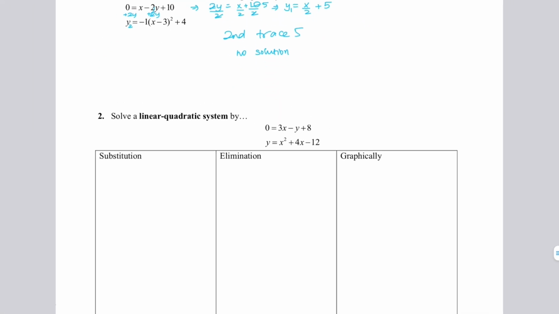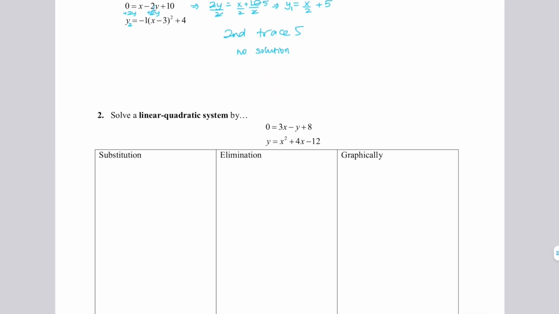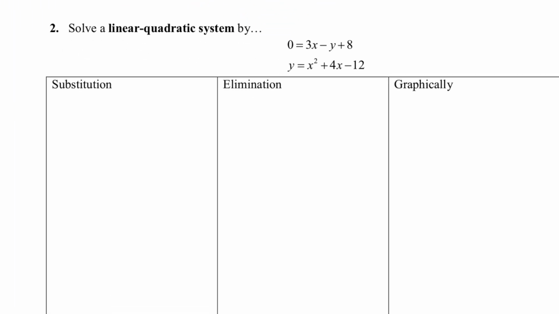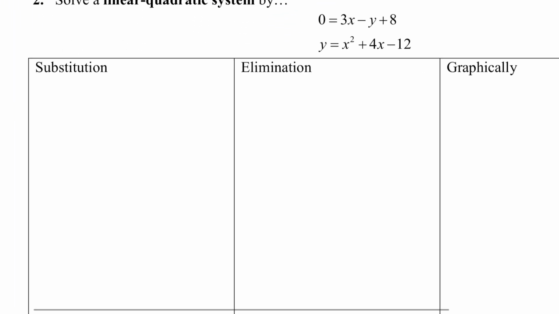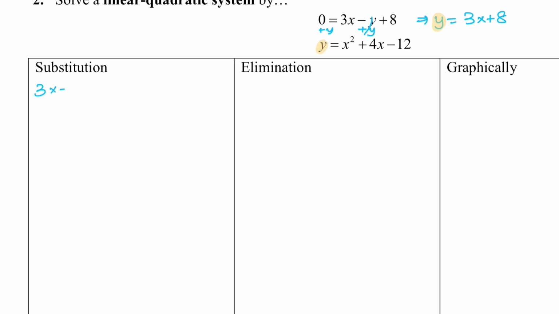Okay, next question. So you need to substitute this in, right? I can move the y to the other side and I'll get y is equal to 3x plus 8. I can sub my y in this equation, so it'll be 3x plus 8 is equal to x squared plus 4x minus 12.